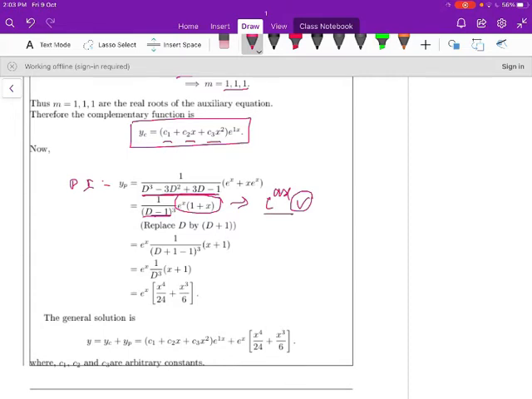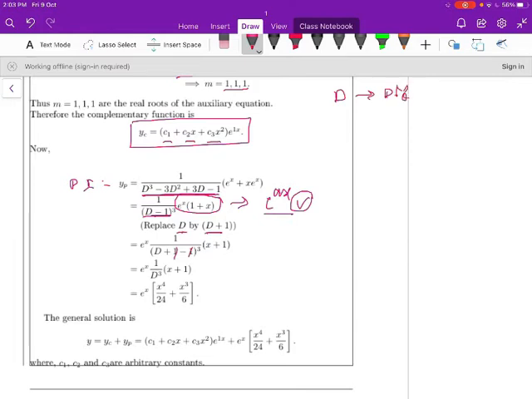Now in the case of e power ax into v form, you have to operate for the exponential by replacing D by D plus 1, because a is 1 here. So e power x comes out, 1 by D plus 1 minus 1 whole cube into x plus 1. Plus 1 minus 1 get cancelled. So e power x into 1 by D cube into x plus 1.